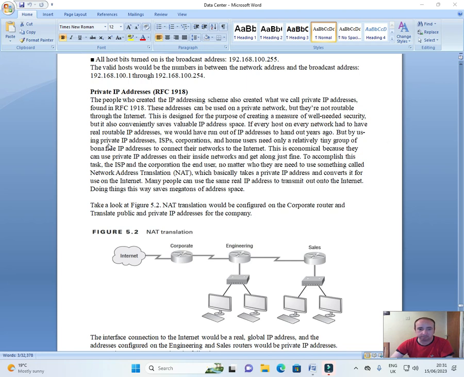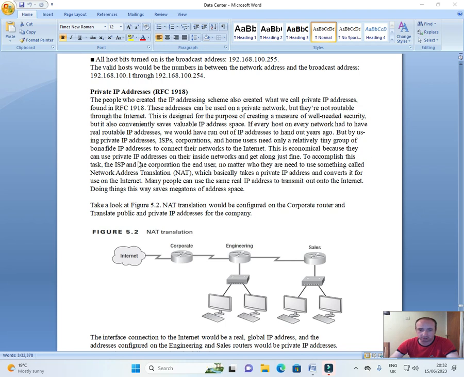By using private IP addresses, ISPs, corporations and home users need only a relatively tiny group of bona fide IP addresses to connect their networks to the internet. This is economical because they can use private IP addresses on their inside networks and get along just fine.